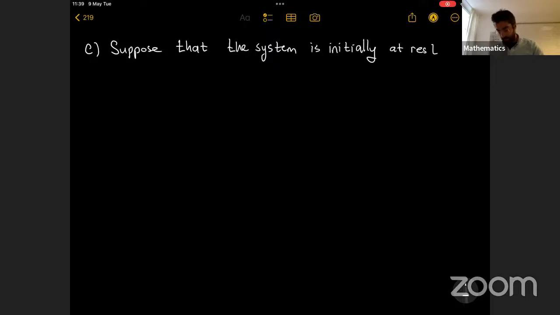So suppose that the system is initially at rest. Well, that means u(0) is equal to 0, and u'(0) is also 0. The velocity is also 0, right?